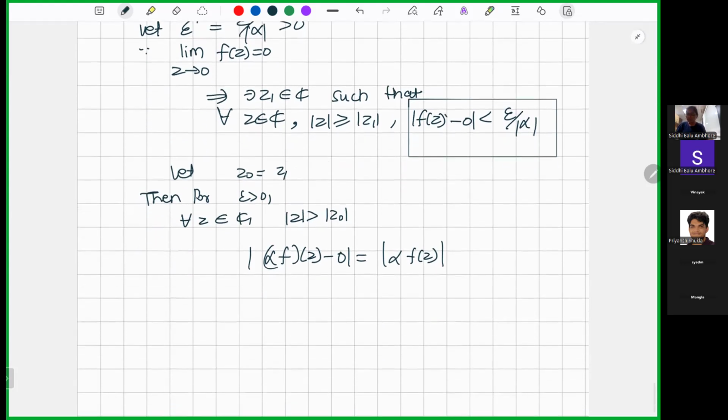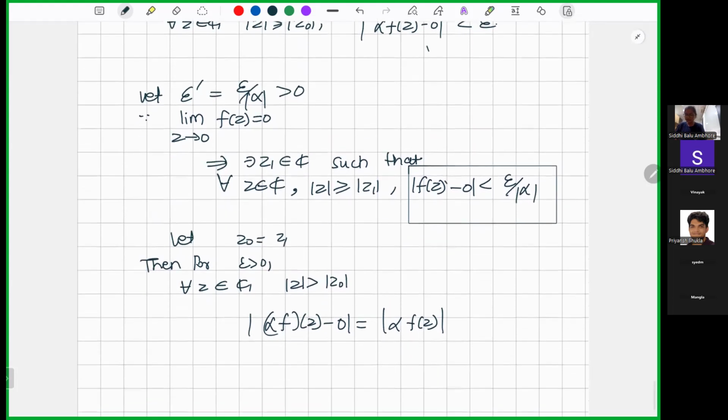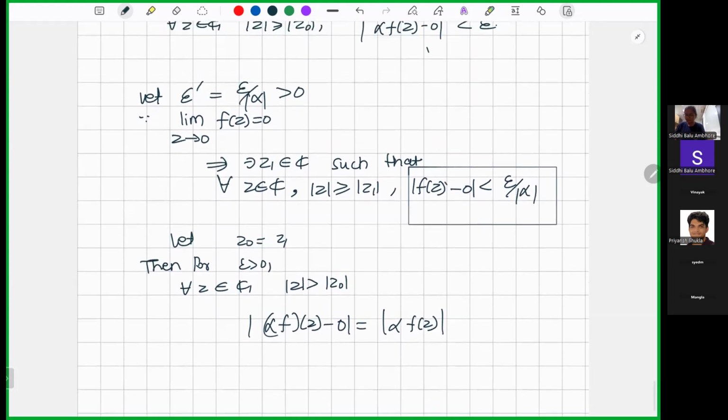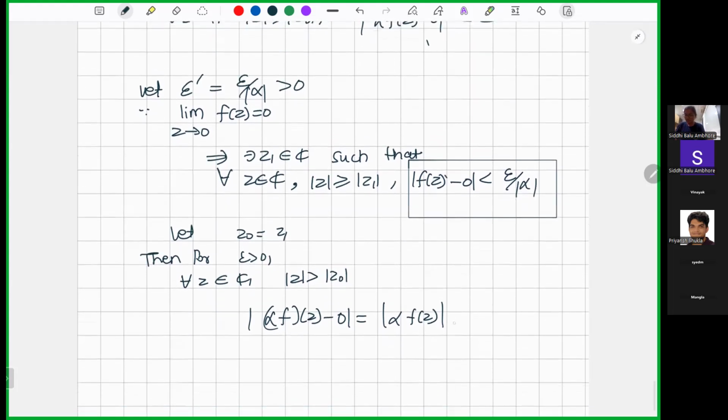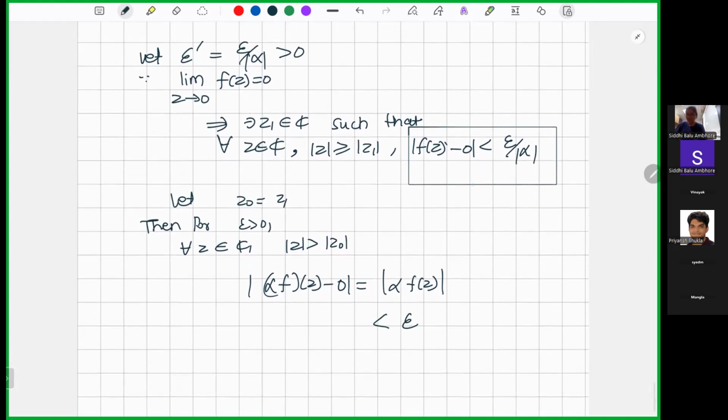So these are all real numbers. And since this is definitely less than epsilon, because this is there, then mod alpha mod f of z is less than epsilon.